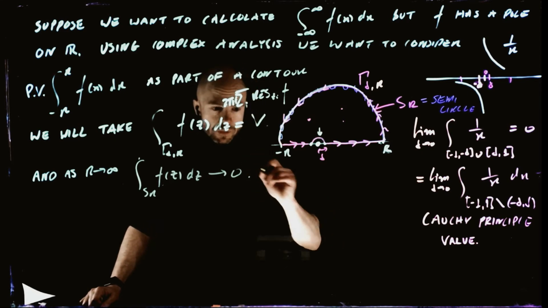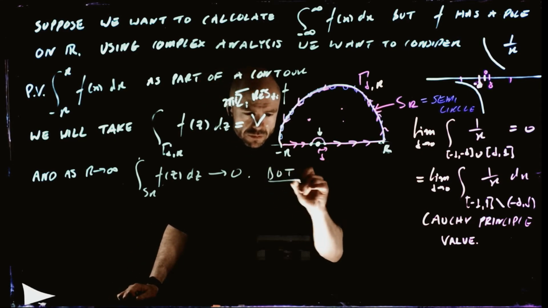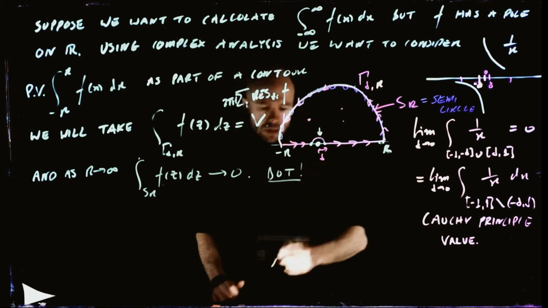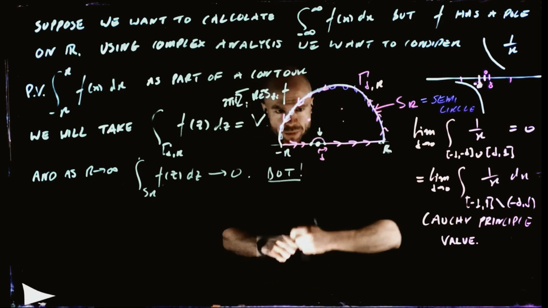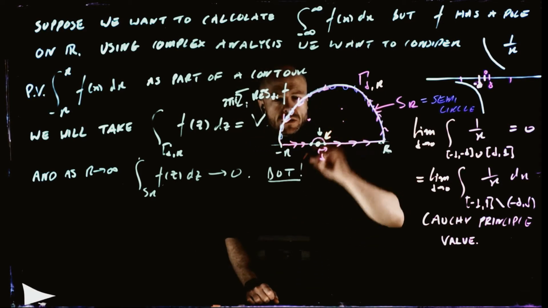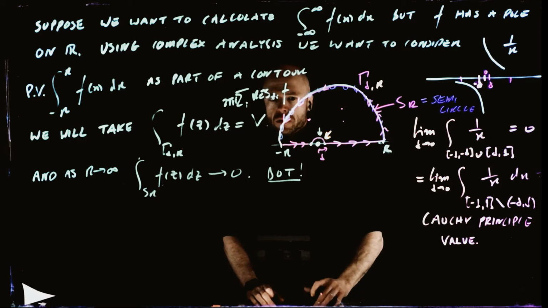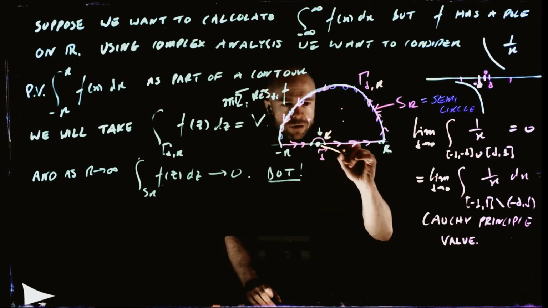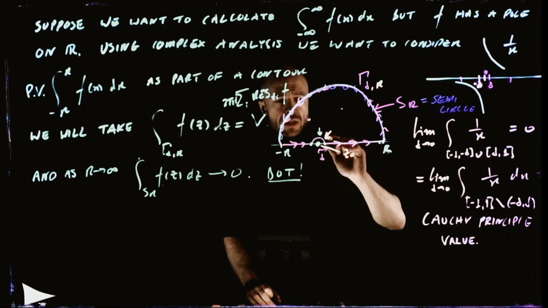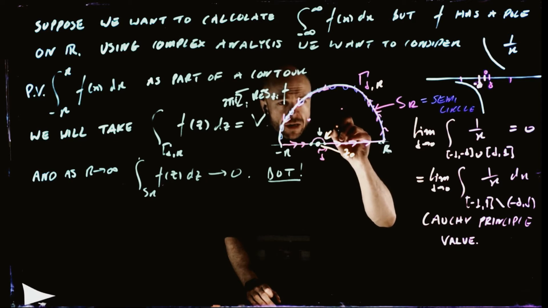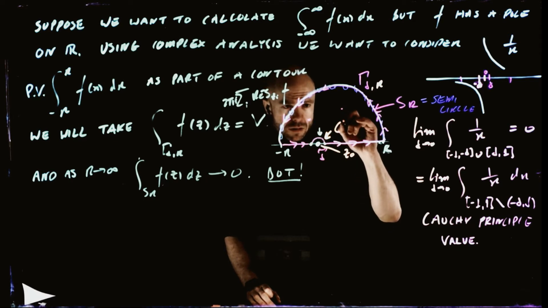But let's give this singularity a name. Let's call this z0, and let's call the bump part here c plus z0.